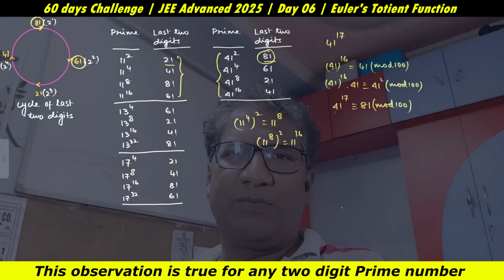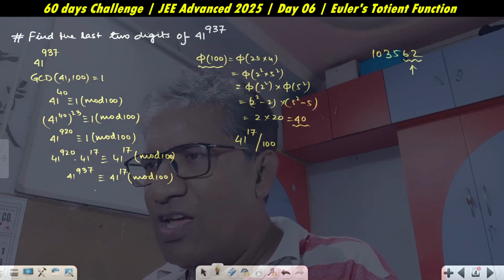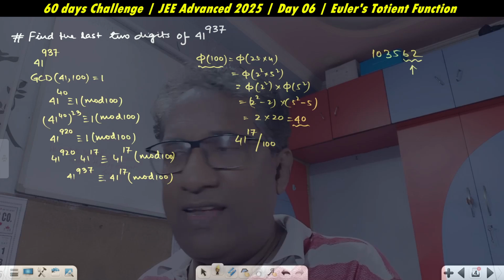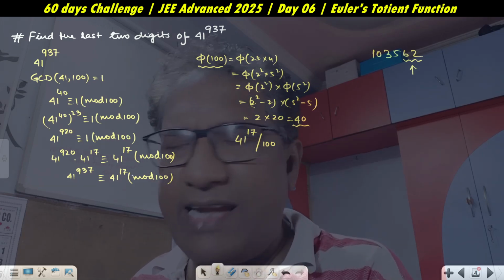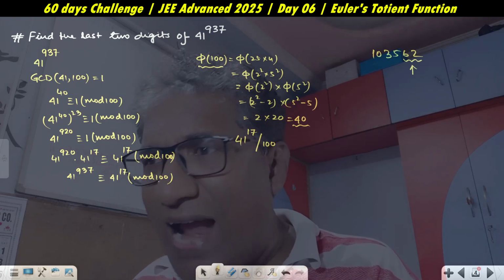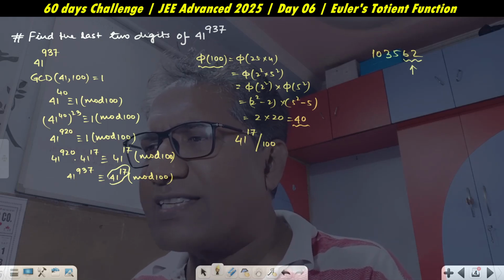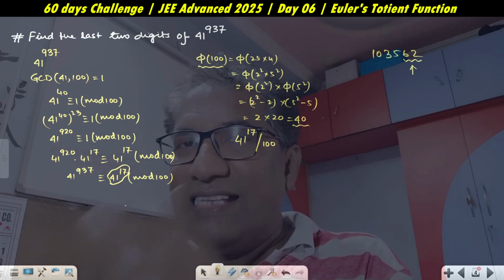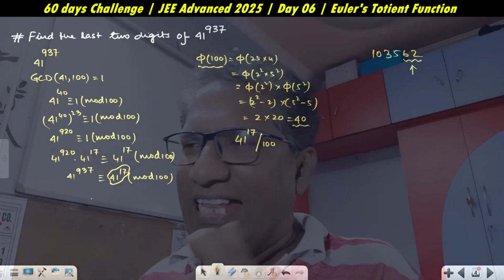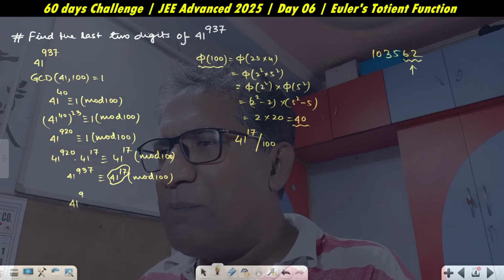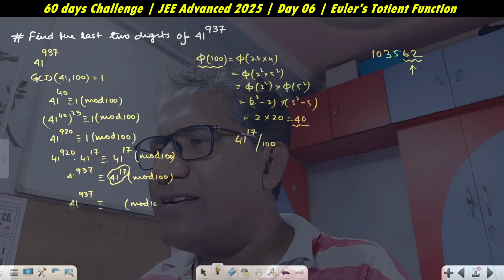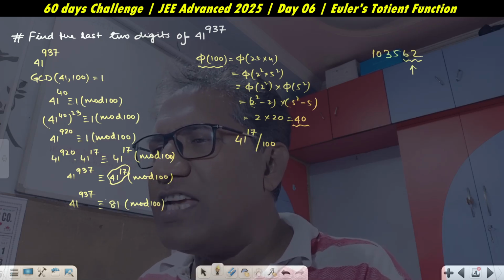So here we got that 41 to the power 937 and 41 to the power 17 are congruent modulo 100. Right now we got 41 to the power 17, when divided by 100, the remainder is 81. Therefore, 41 to the power 937 when divided by 100, the last two digits will be 81. That's it. That's your answer.